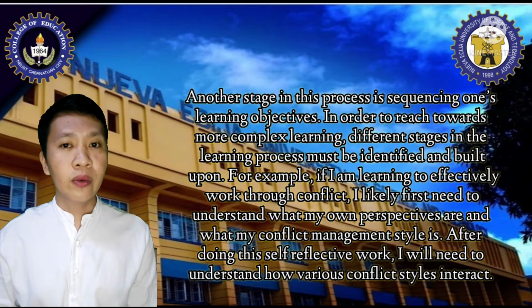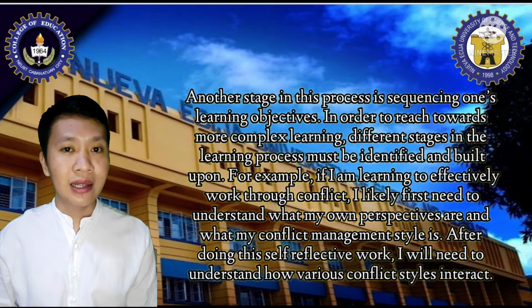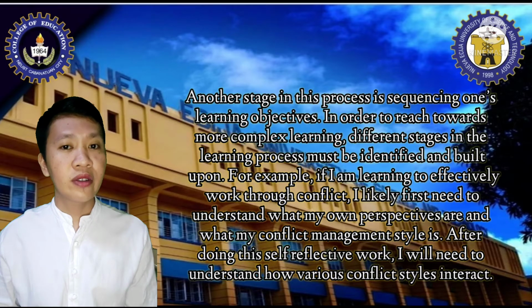In order to reach towards more complex learning, different stages in the learning process must be identified and built upon. For example, if I am learning to effectively work through conflict, I likely first need to understand what my own perspectives are and what my conflict management style is. After doing this self-reflective work, I will need to understand how various conflict styles interact.